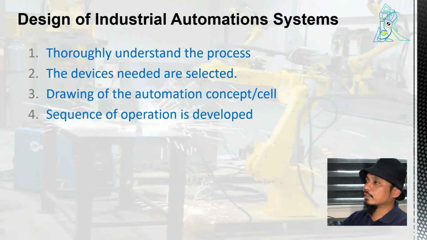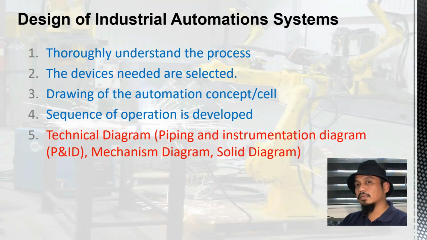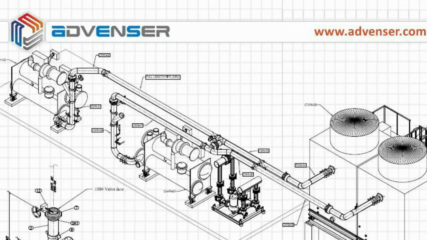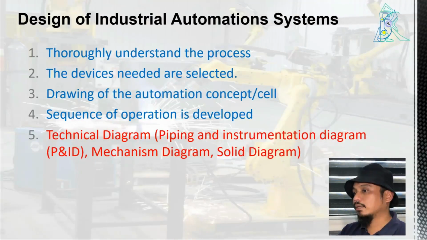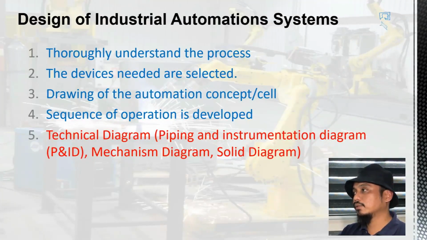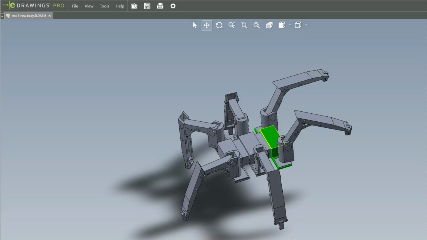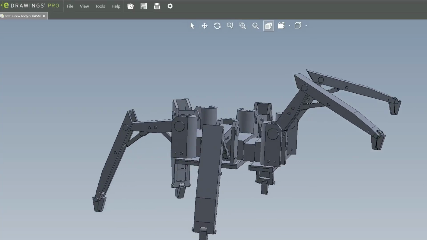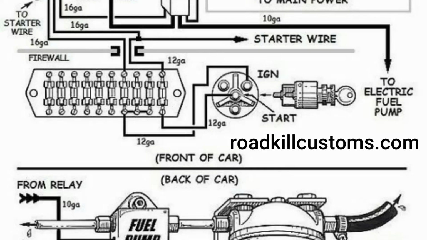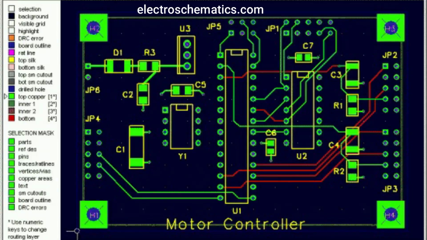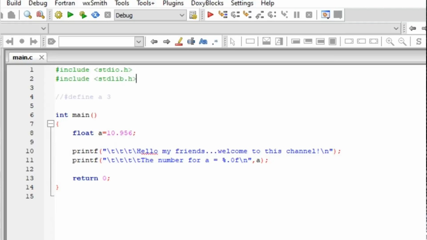Then we come out with a technical drawing, like a P&ID for a process that involves a boiler or chemicals. If it is about the machine design, we need a mechanism design and solid design for fabrication. And for the electronic and electrical, we need an electrical diagram design and programming.